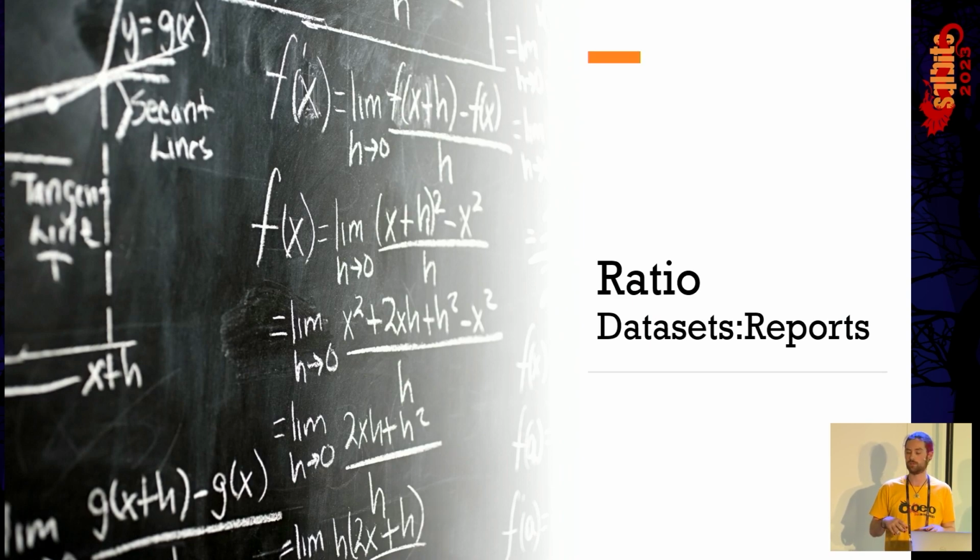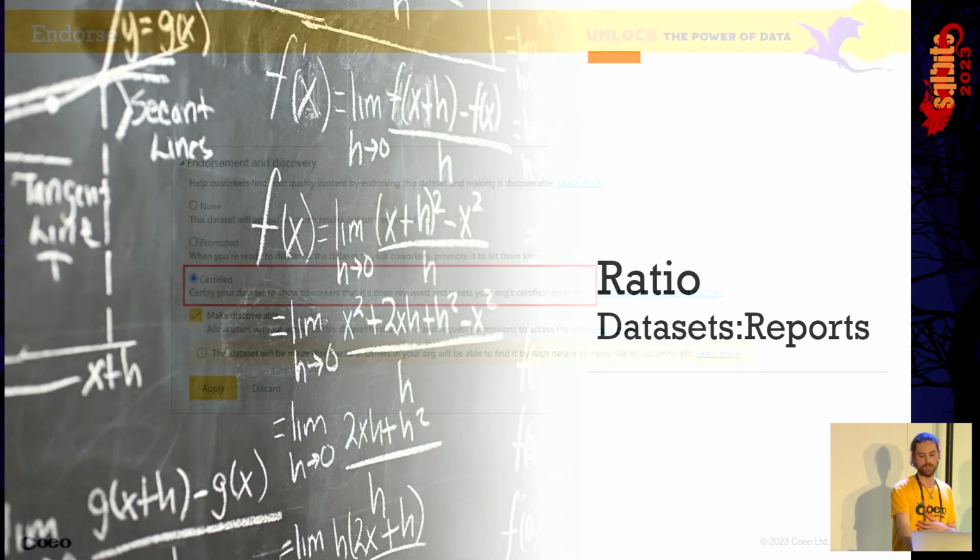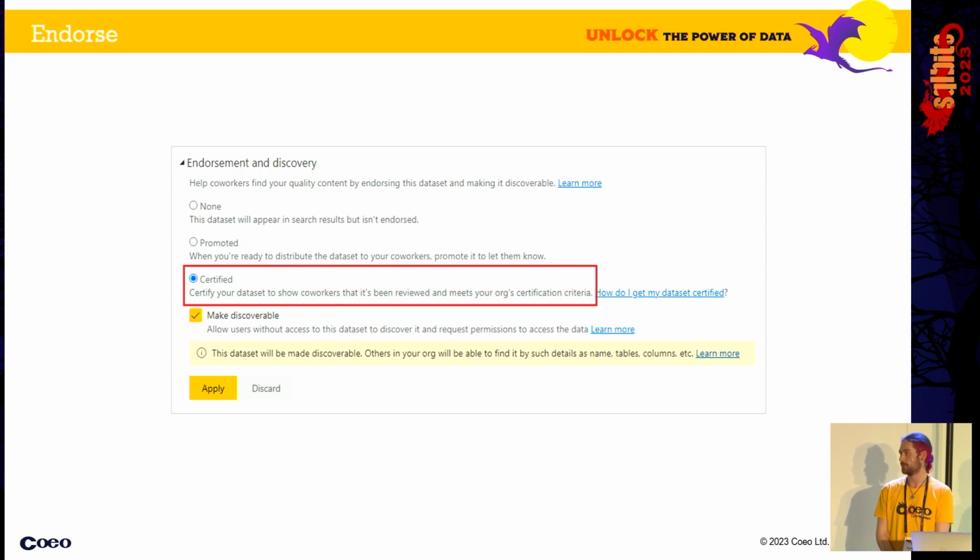So one of the good things that Power BI has to help with this is the ability to endorse data sets. So with this, once your data set has gone through whatever testing and whatever things you need to be verified within the organization as accurate and trustworthy, you then have the option to certify it.